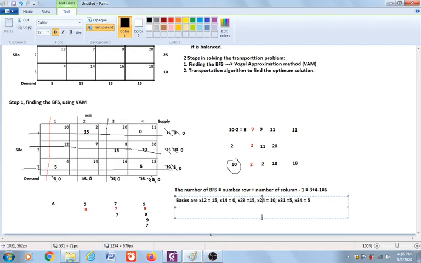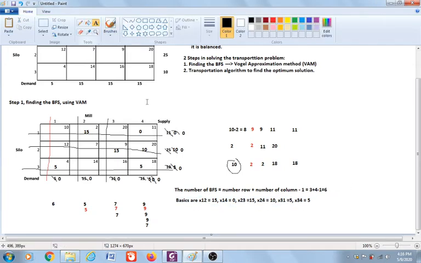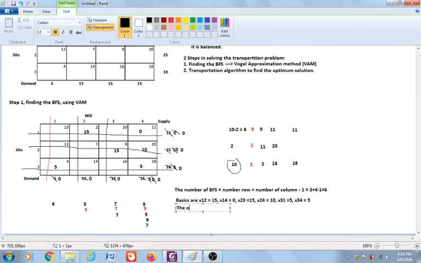Okay, then the other variables are x11, x13, and so on.